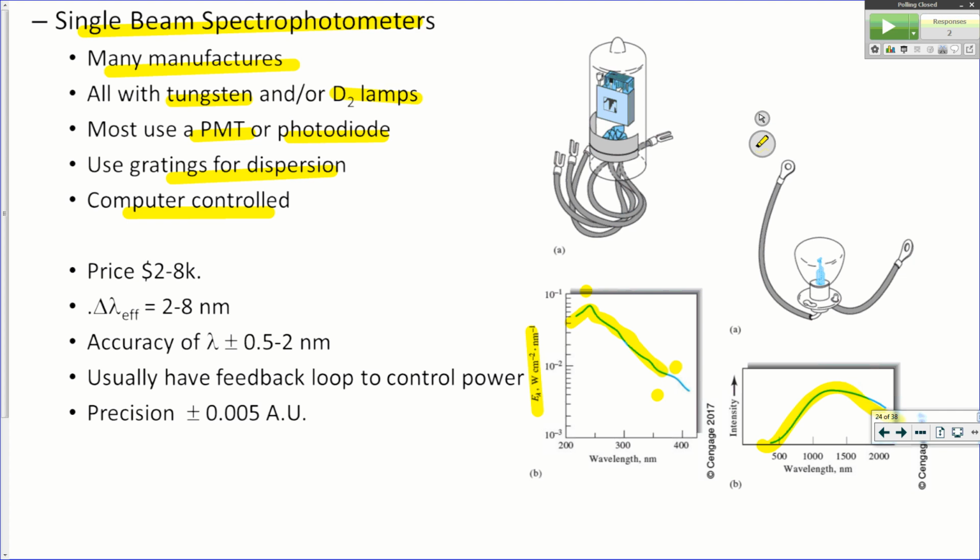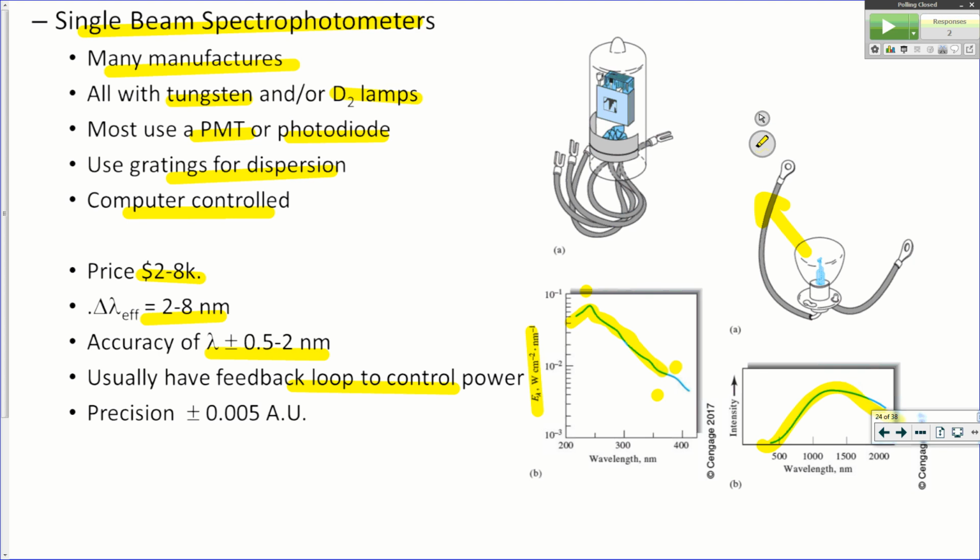The cost of a single beam instrument is anywhere from a couple of thousand up to maybe $8,000. Effective bandwidths vary again with the instrument, but typically a few nanometers, with a wavelength accuracy of typically around a nanometer. Typically they have a feedback loop that senses the intensity coming from the source.